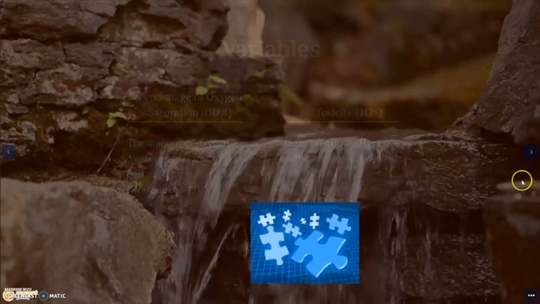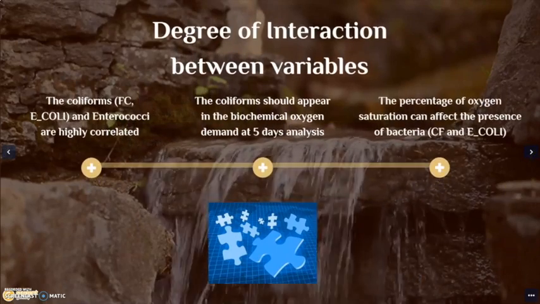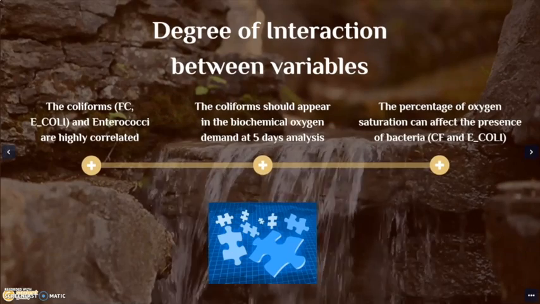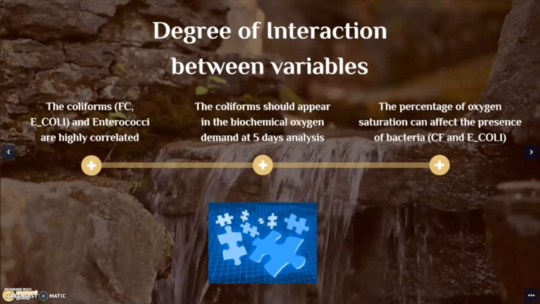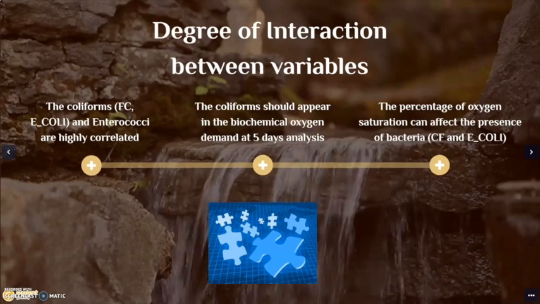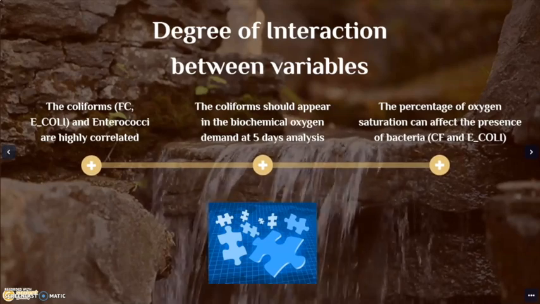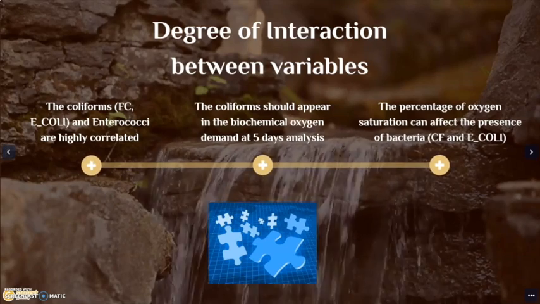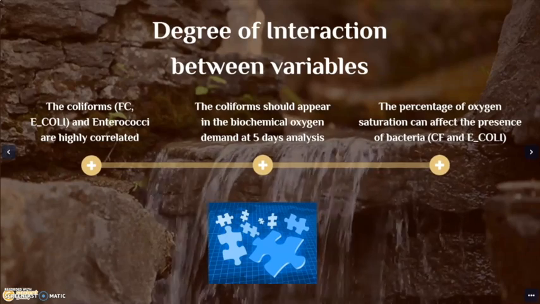Then we have the degree of interaction between the variables. The first interaction will be the coliforms, which are fecal coliforms and E. coli, and the Enterococci, which are highly correlated between themselves, and they all form a total number of coliforms present in water.